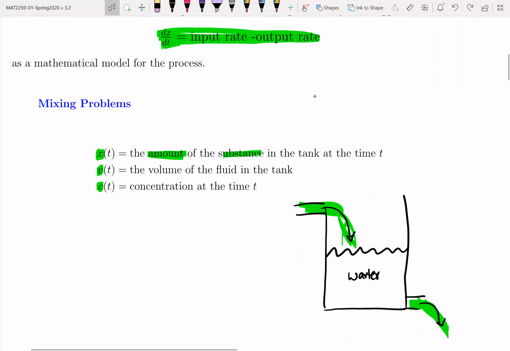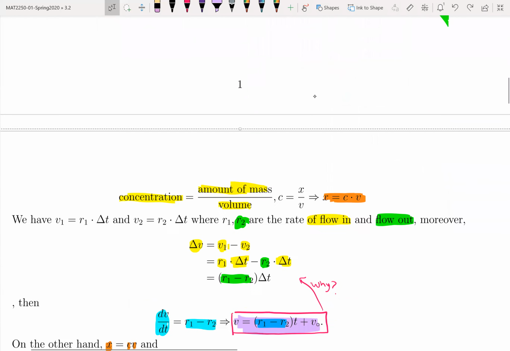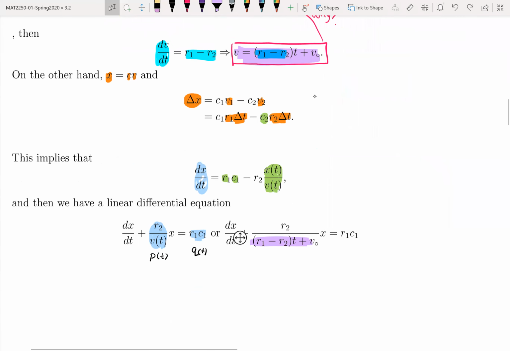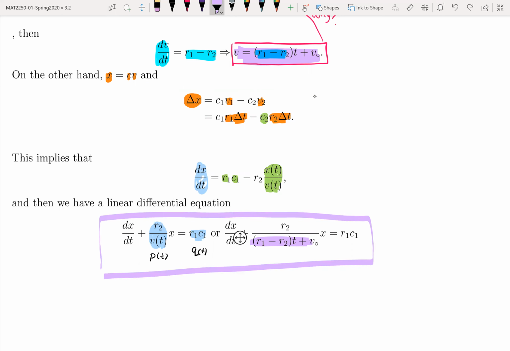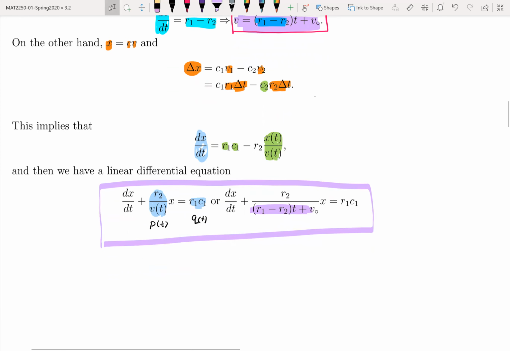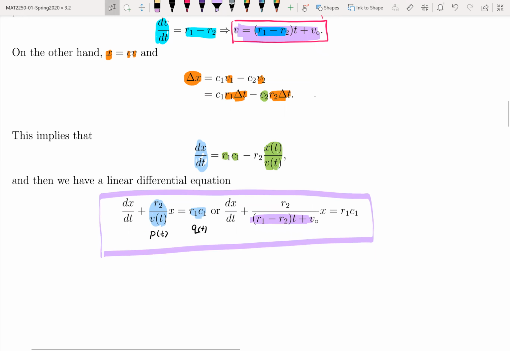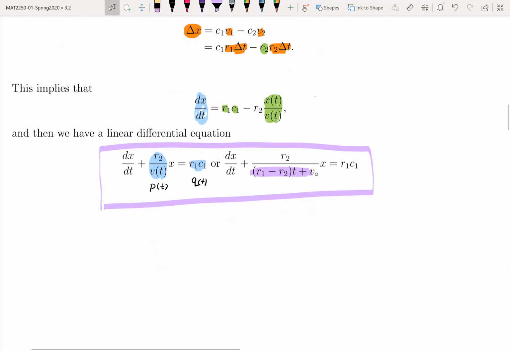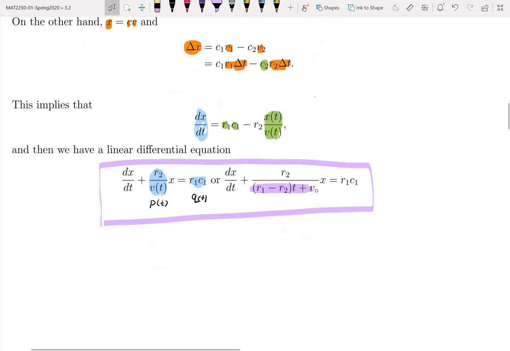Formulating all these notations based on the simple fact of concentration gives us the first order differential equation corresponding to this problem. So we can formulate this as our first order differential equation for this type of mixing problem. Is there any question on any part?